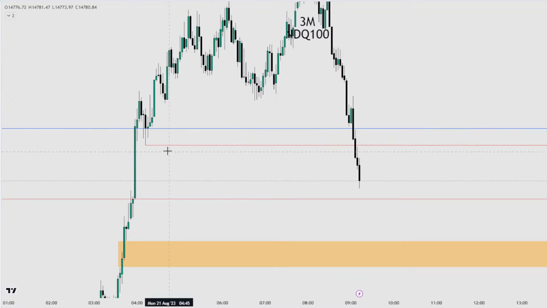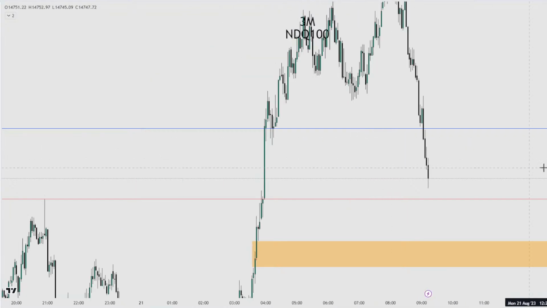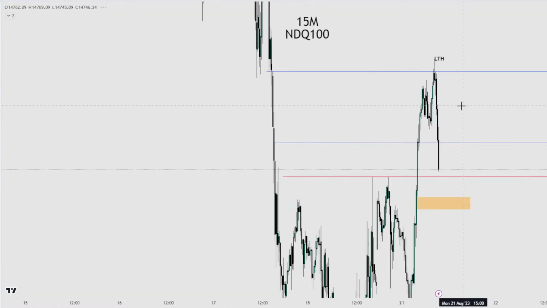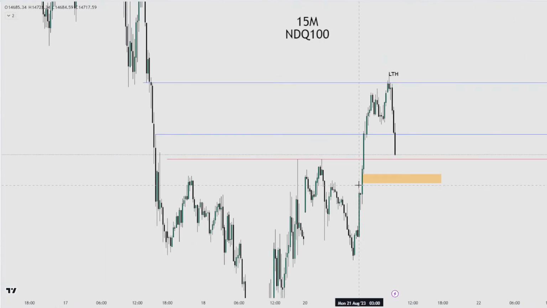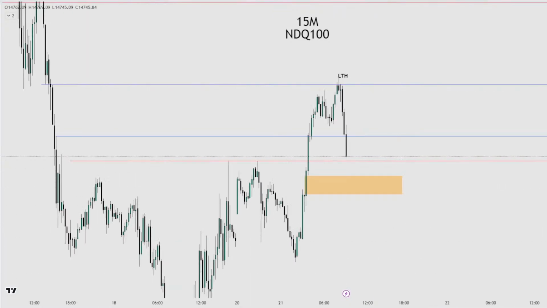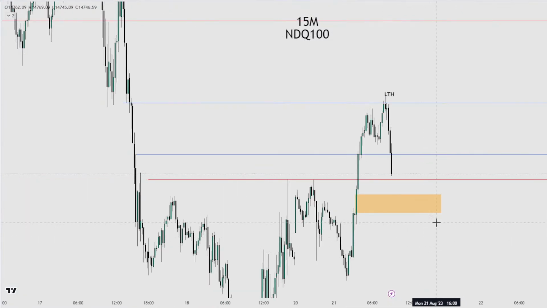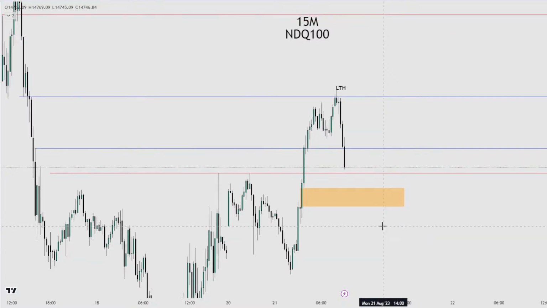We did take this, so it's aligned, but we're going below the fair. So let's see on hourly or the 15-minute what the chart brings us. We got this huge 15-minute imbalance. I think this is our Judas right here, right now. Is this aligned? Yeah, it's almost perfectly aligned.